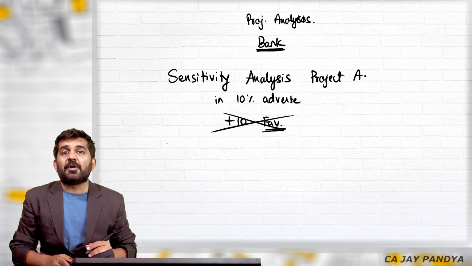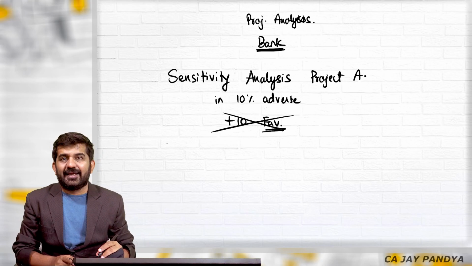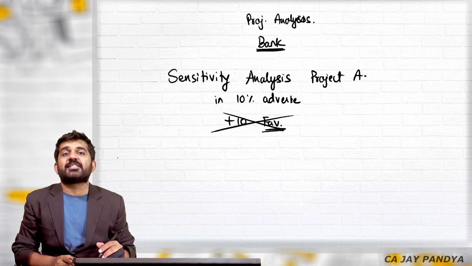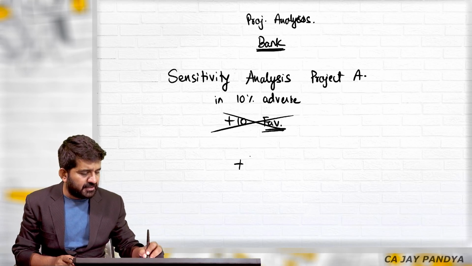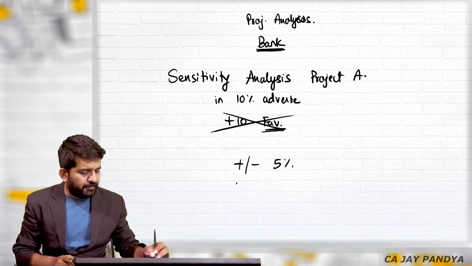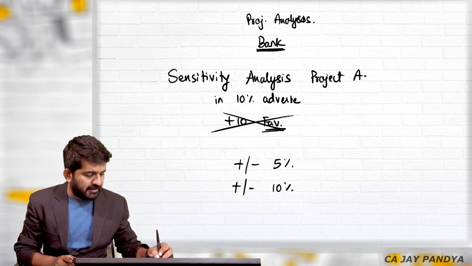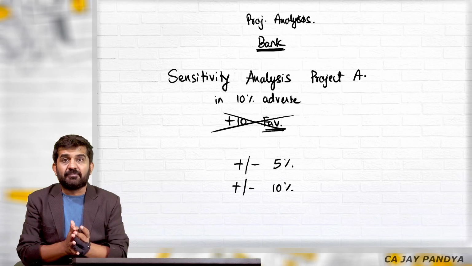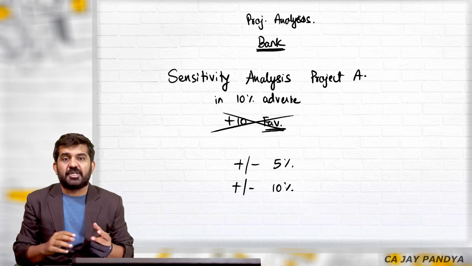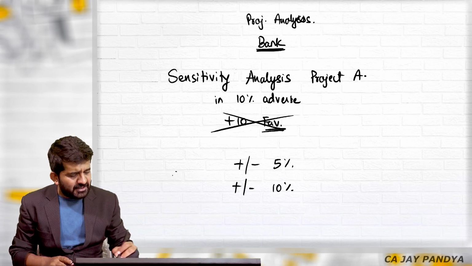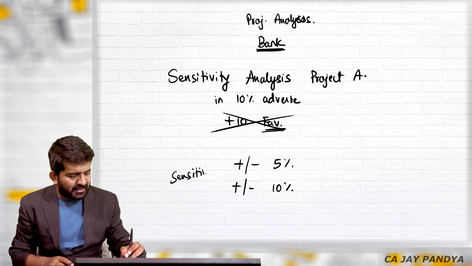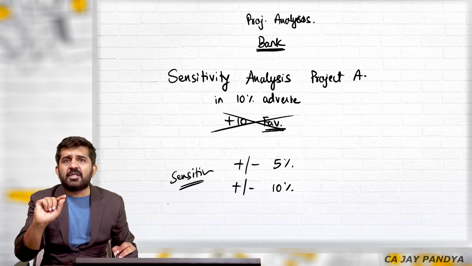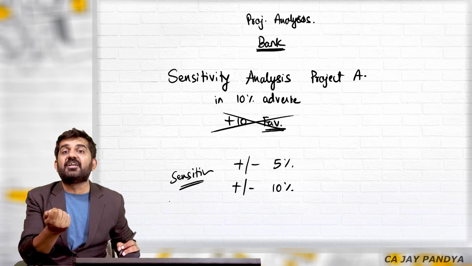If you go with a big project to a bank, they will ask for sensitivity analysis plus minus 5% and plus minus 10%. This is the normal trend. They might even ask for something else, plus minus 20%. But this is how the sensitivity analysis is done. All the variables are tested individually.